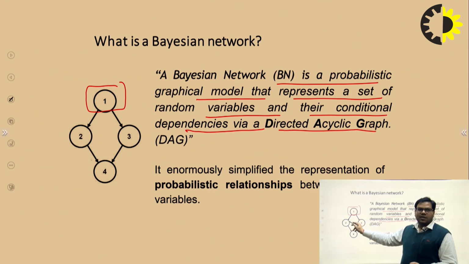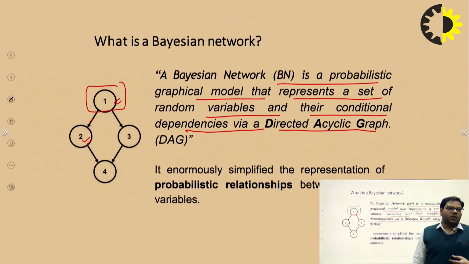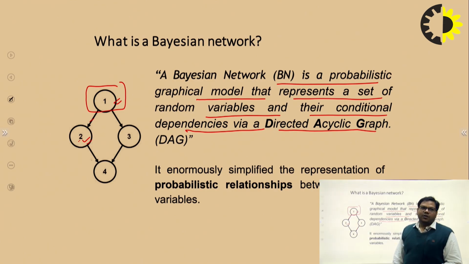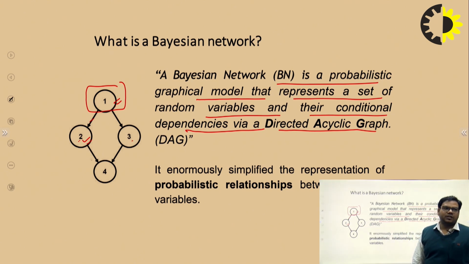The arrows represent dependencies: random variable 2, or event 2, is dependent on the occurrence of event 1. The outcome of 1 influences the functioning of event 2, and of event 3 as well.